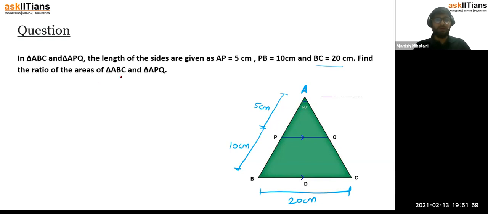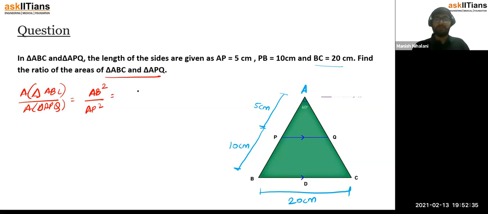We are interested in the ratio of areas, so the area of triangle ABC and the area of triangle APQ. ABC is the bigger triangle, so it should be AB square upon, and for APQ, it should be AP square. AB square upon AP square. So AB is how much?